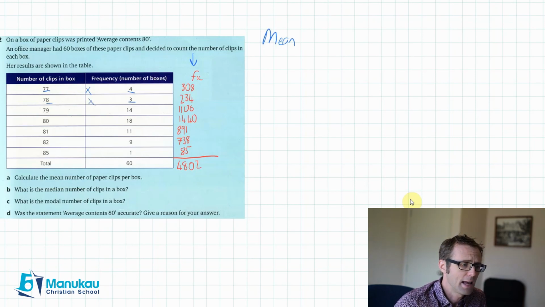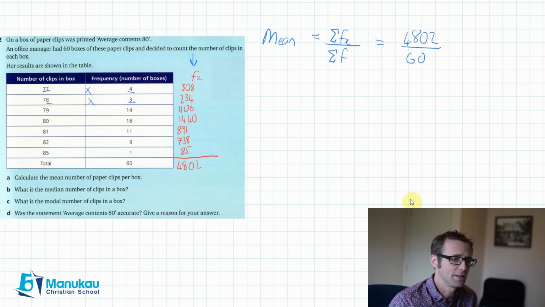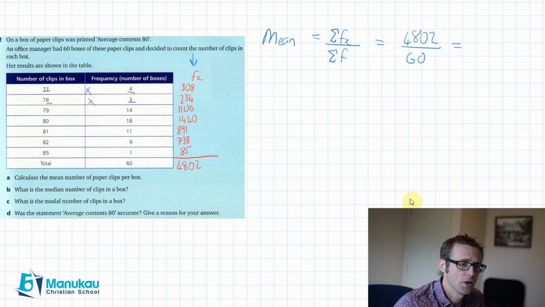So the mean, as you know, is the sum of fx divided by the sum of f. And in this case, if I've calculated this correctly, it's going to be 4,802, this total here, divided by 60. And let's see what that gives us. 4,802 divided by 60 is 80.03. So our first value for our mean is 80.03.